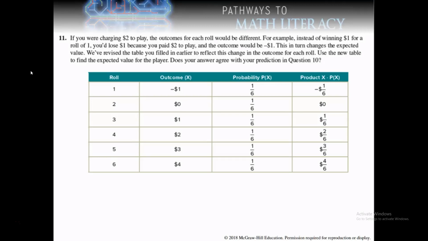And so we will now add up that new third column, and that gives us an expected value this time of $1.50. And that does agree with our prediction in question 10 that if we only charge $2 to play, then the players will still win on average and we will be out that money.